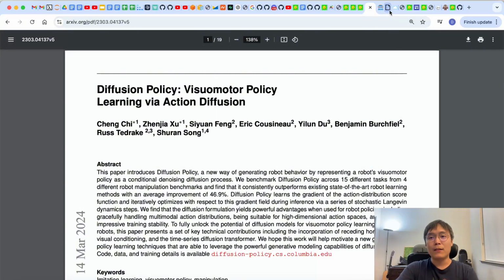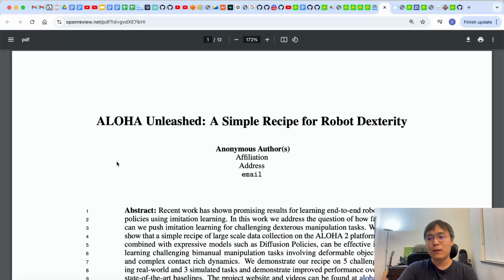But if you look at the next version of Aloha, so Aloha is the hardware and ACT is the software part, the authors made a new paper, Aloha Unleashed, and they're using diffusion policies. So I think it tells us that diffusion policy is also a good replacement for ACT.